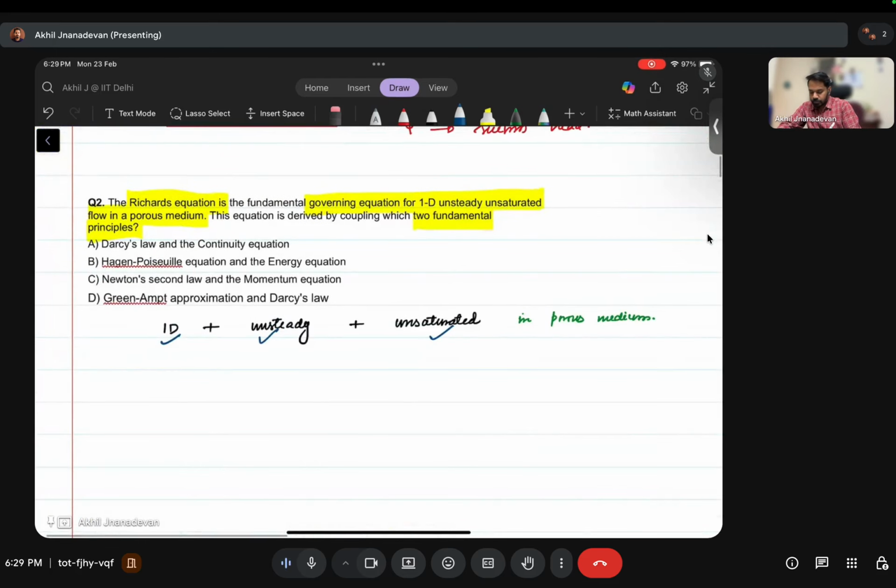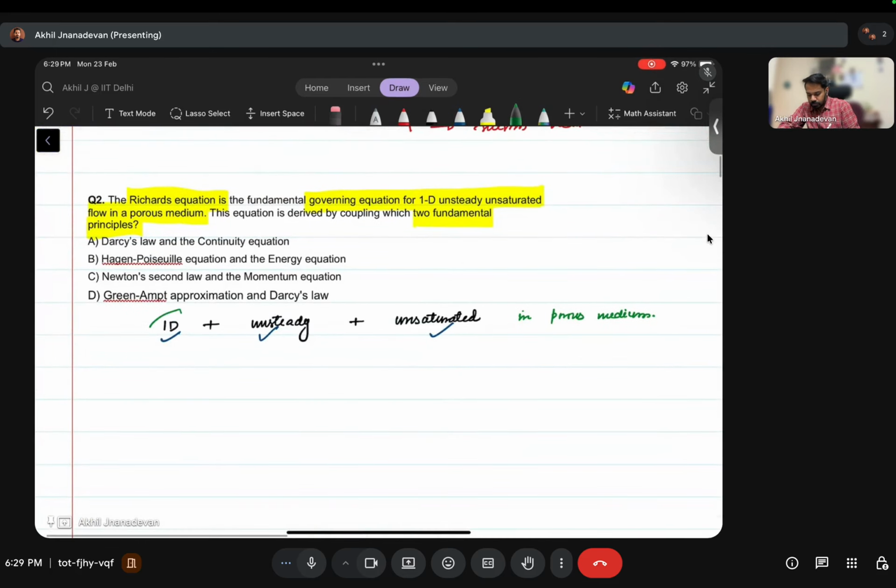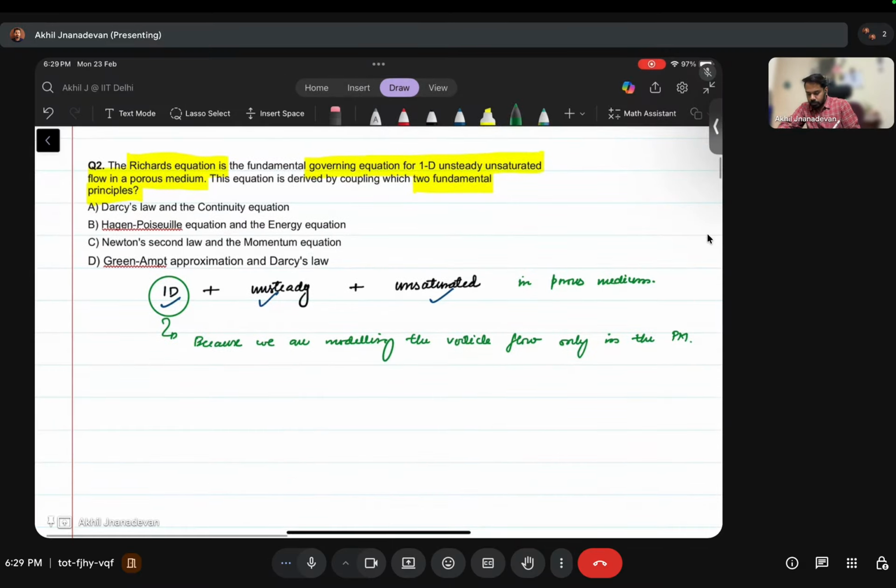1D, because we are modeling the vertical flow only in the porous medium, right?